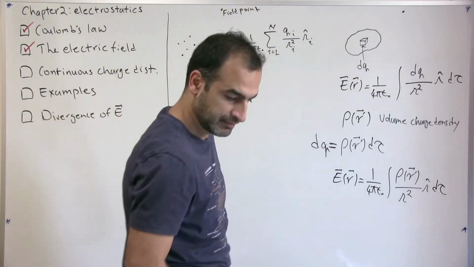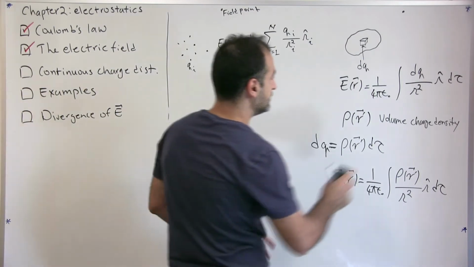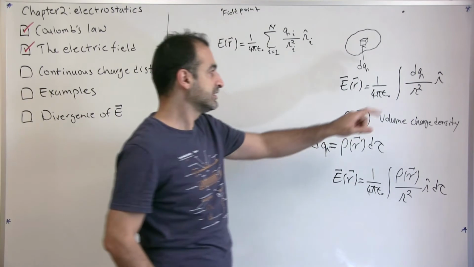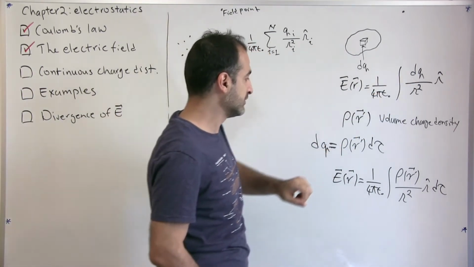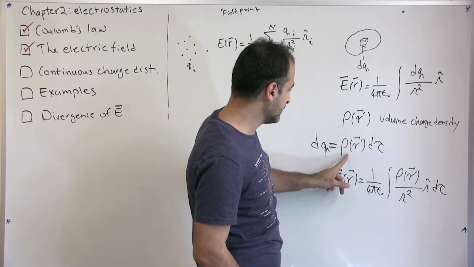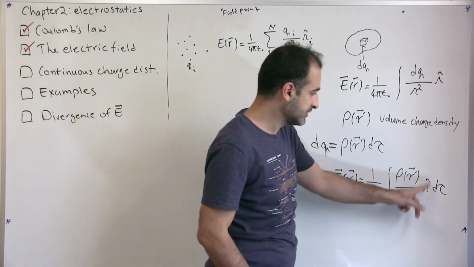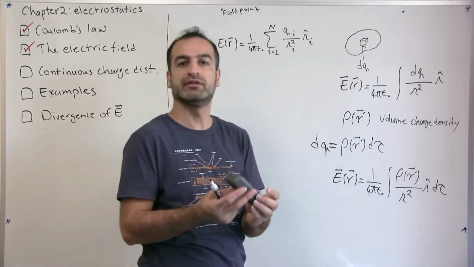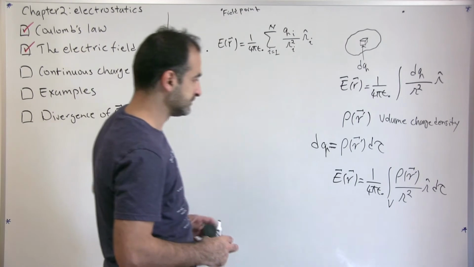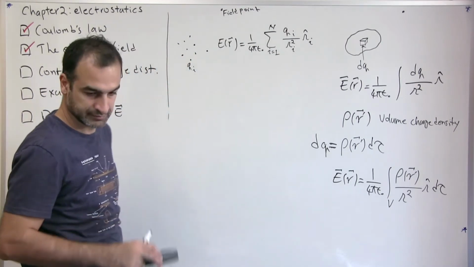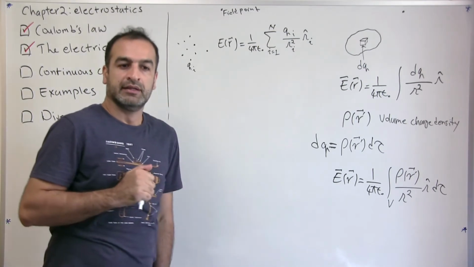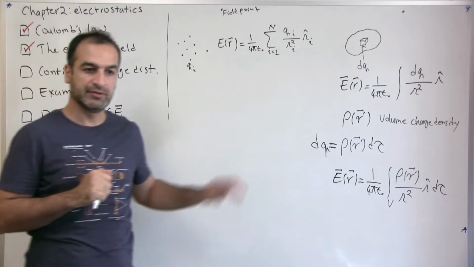Okay. By the way, I made a mistake here. Here we don't need d tau because we are integrating over dq, and that's already the element we are integrating over. But if we use a volume charge density, then we should use rho(R prime) times d tau. So the integration technically becomes over the volume elements, over V. Sounds good? Any question on this?